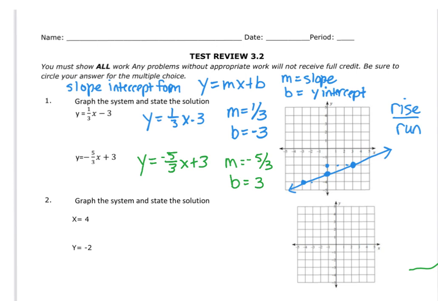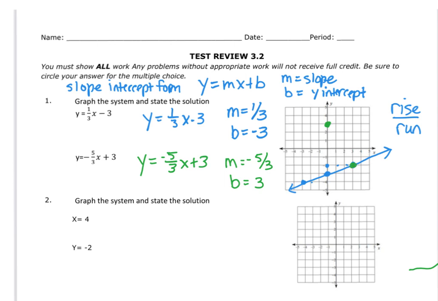So when I graph that, I first start out with my y-intercept, which is 3, and then I know it's a negative slope, so I'm going to go down 5 to the right 3. So 1, 2, 3, 4, 5, to the right 3. So down 5, to the right 3, 1, 2, 3 gets me here.